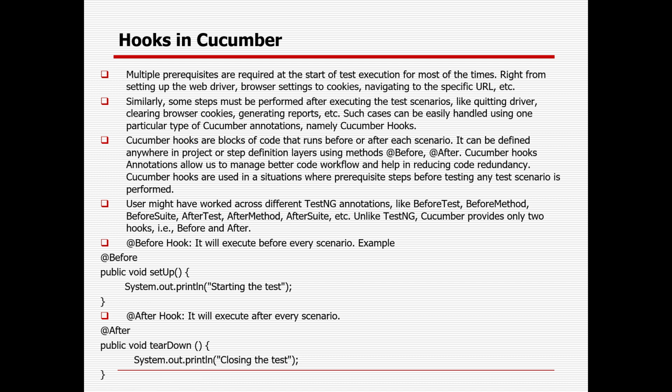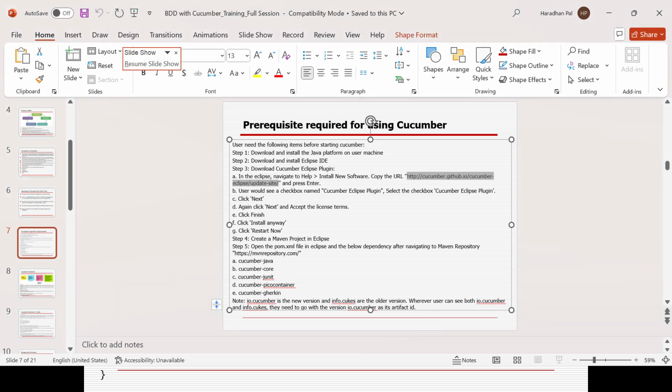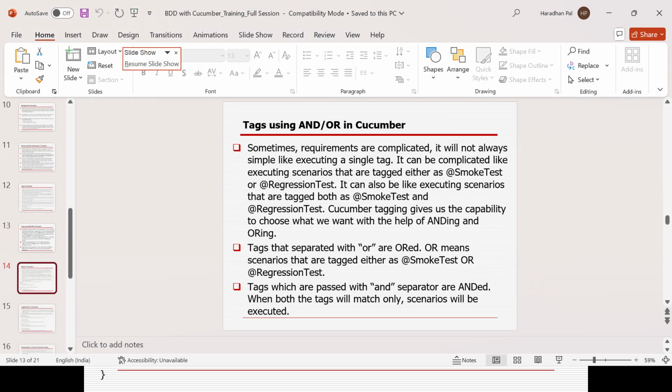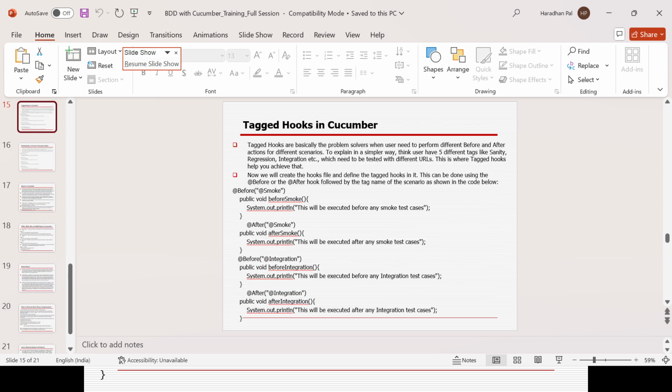So what we'll do is go to the code and add the hook. I don't want to write the code for the browser part, right? I will just add it as part of the hooks.